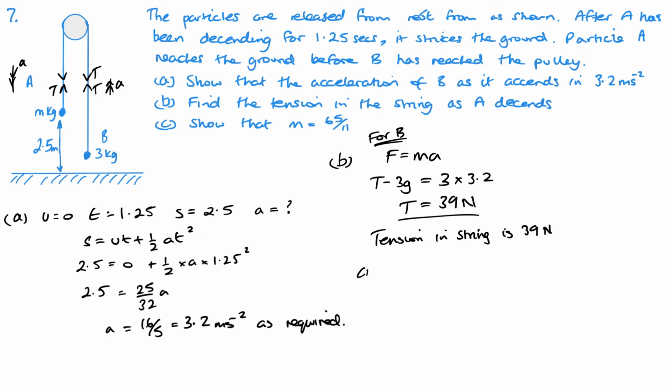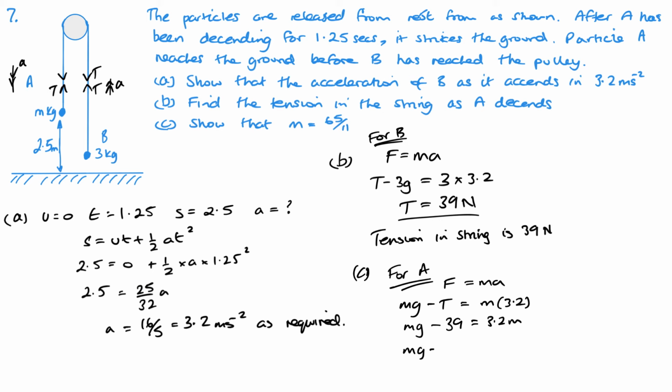Now we know the tension in the string, we can work out what the mass of A is just by looking at A. So we know it's mg minus T, so this is for our F equals ma. And then we've got m times 3.2. Now we know T is 39. So mg minus 39 equals 3.2m.